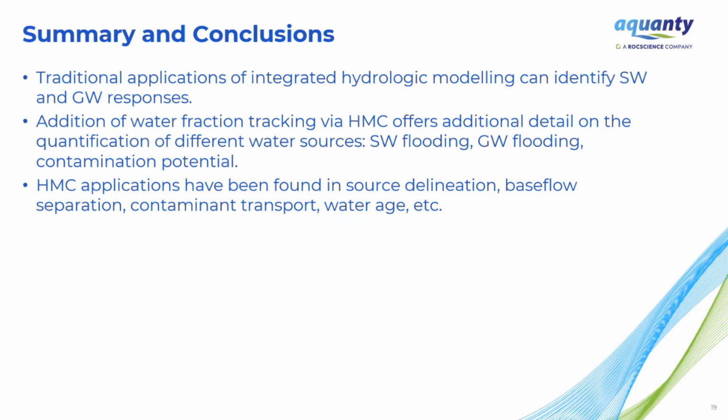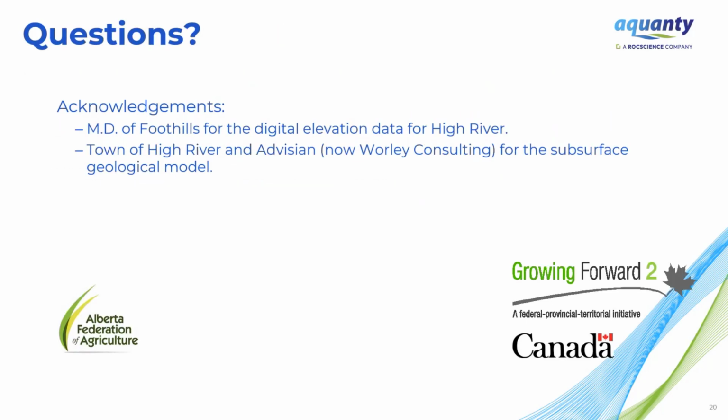You can separate out how much is surface water and how much is groundwater, and it can also help delineate the potential for contamination spread. So HMC has found applications in a lot of different fields within hydrology and hydrogeology, from source delineation to base flow separation to contaminant transport. And with that, I'll open it up for questions.